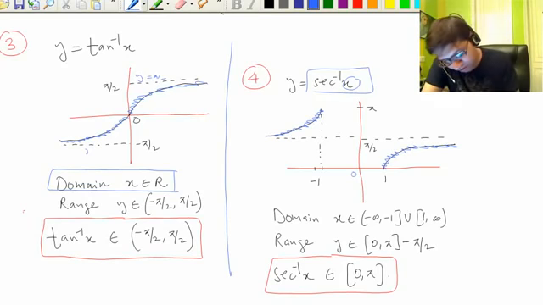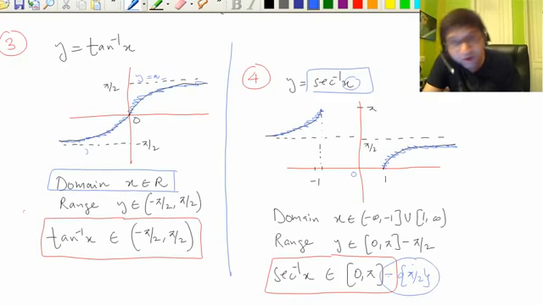So the range of secant inverse x is 0 to pi minus pi by 2. As such, this is not very important to keep in mind. It's in the category where the range is 0 to pi, unlike sine inverse x and tan inverse x, like cos inverse x, whose range is 0 to pi.